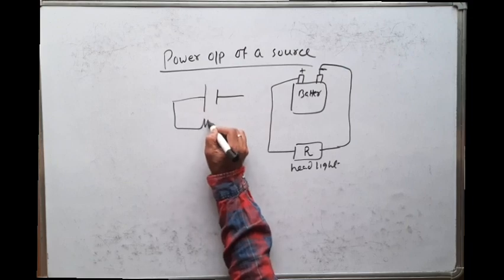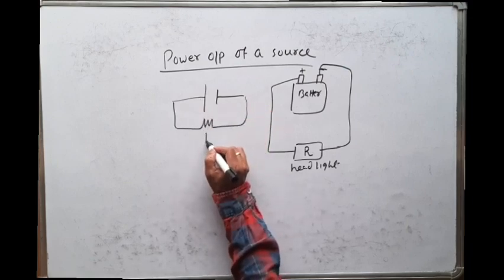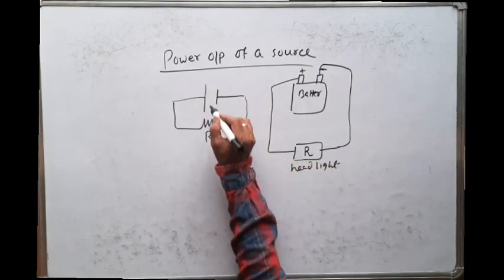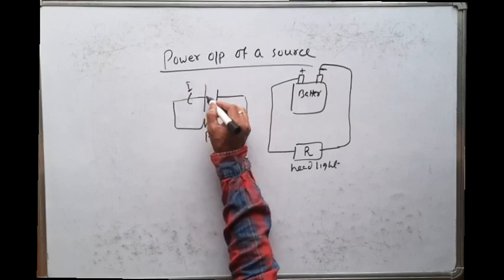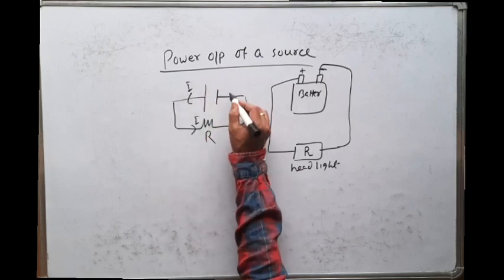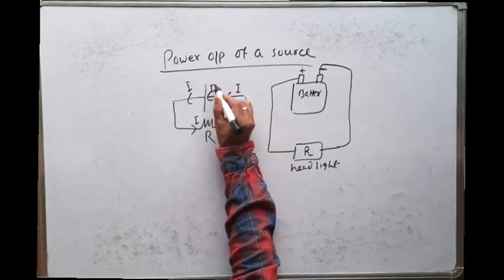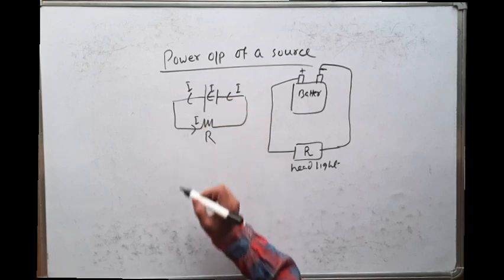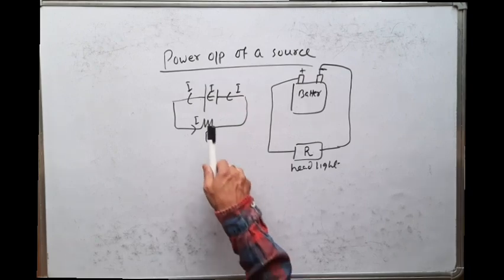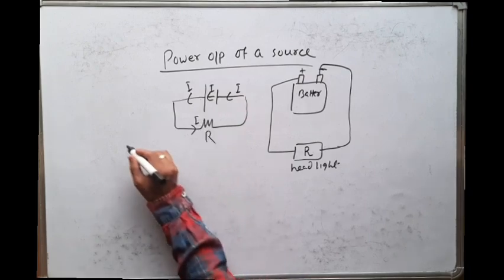It is connected to a headlight, that is resistance R. So here current will start from the positive terminal and it will end in the negative terminal. But inside the electrolyte, the direction of the current is from lower to higher potential. Okay. So what is the energy delivered to the external circuit?